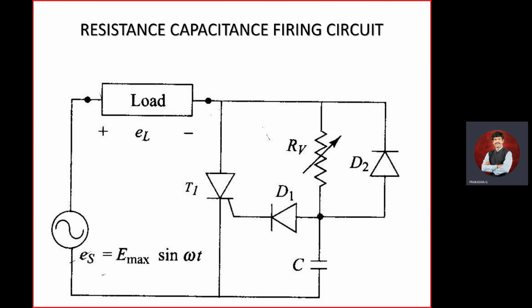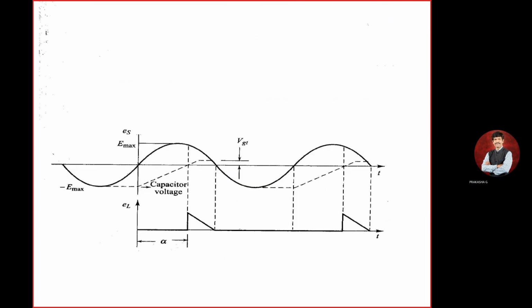Here the waveform is going to be different. The triggering is a little bit different. Where we get the VAK, it is in a different form. Here we get the EL. We are calculating the load voltage during the second half.